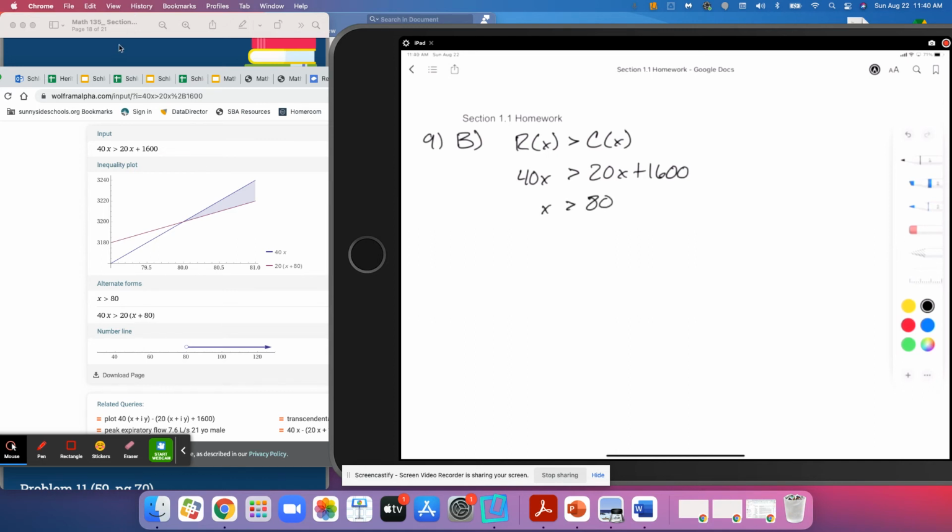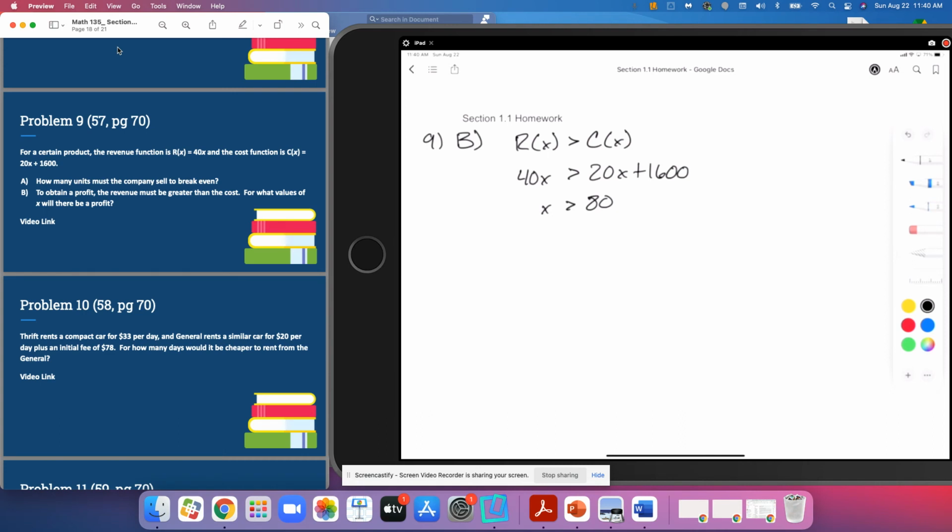So again, answering the question, to obtain a profit, what values of x will there be a profit for? As long as the company sells more than 80 units, they will make a profit.